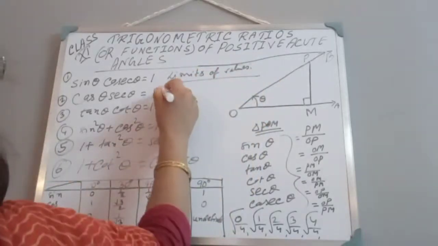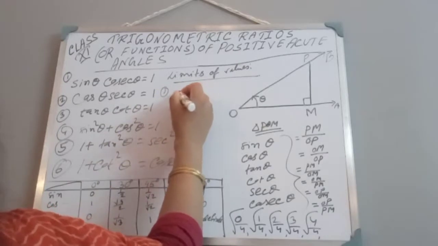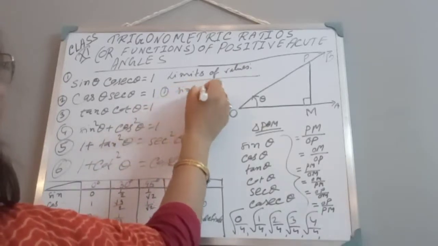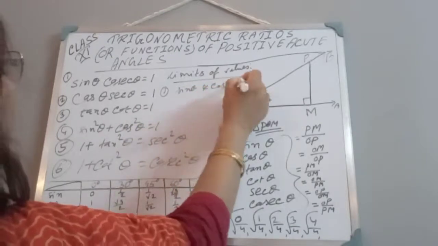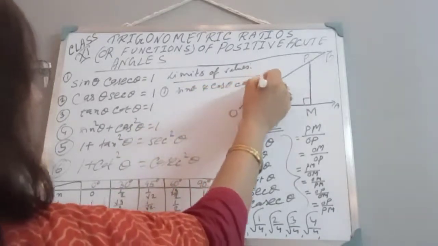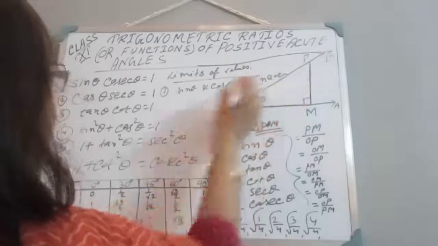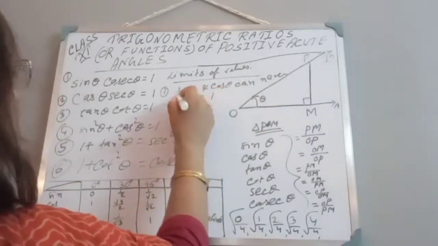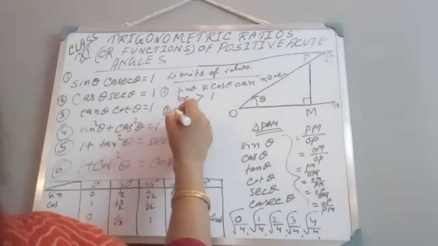Okay, number 1. Sin theta and cos theta can never be greater than 1. Okay, number 2.